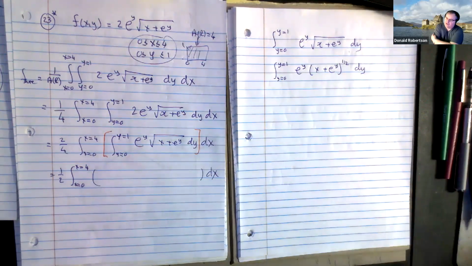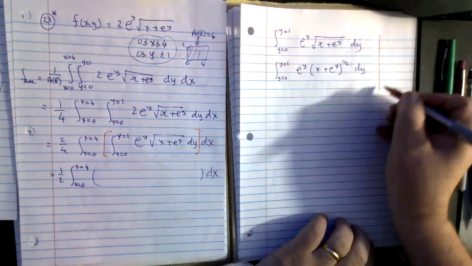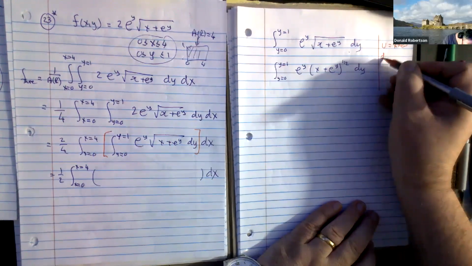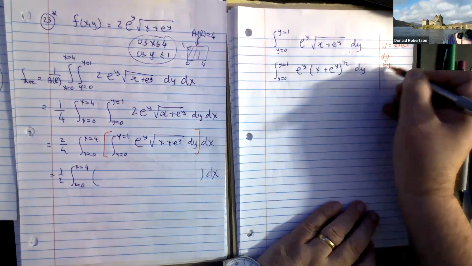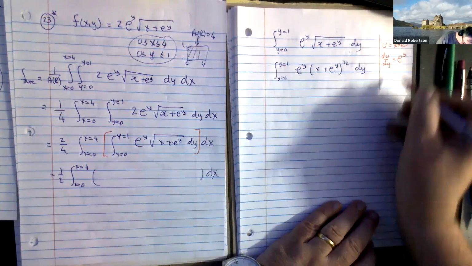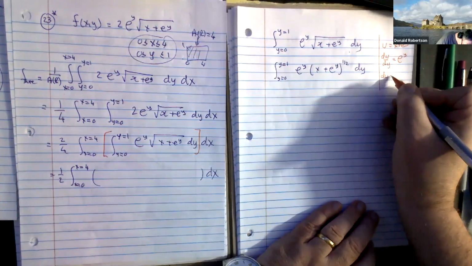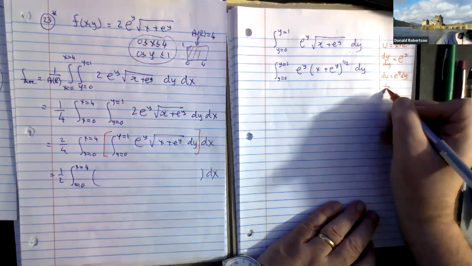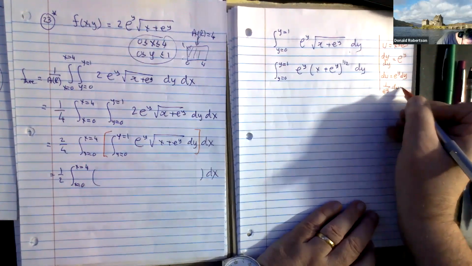Do you see a u sub? x plus e to the y. And if you differentiate this with respect to y, you just get e to the y. And if you do the crossover, you get that guy. And then if you divide both sides by e to the y, you isolate the dy.